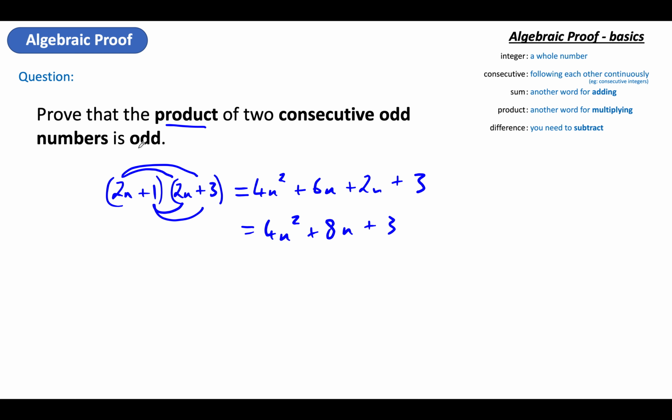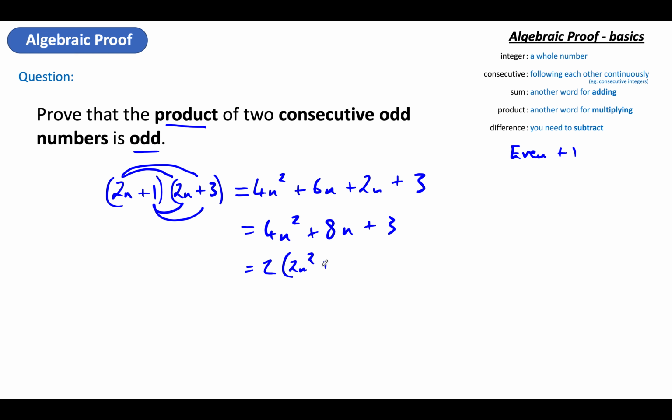Right, but now I need to show something is odd. Now remember, that means show that something is basically even and then move it one step along. Either add 1 to it, or however many jumps you need to get. Basically add an odd number to it and it's got to be odd. Now I can factorize this by taking 2 outside, so we can make this even, can't we? So 2, divide that by 2 and I get 2n squared.